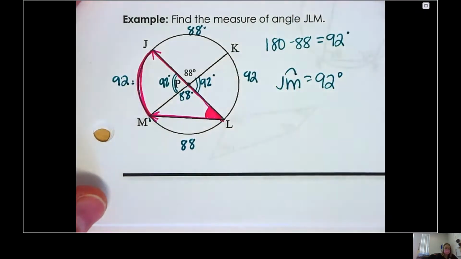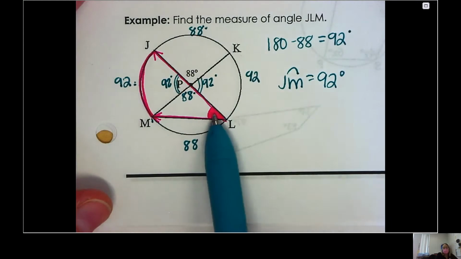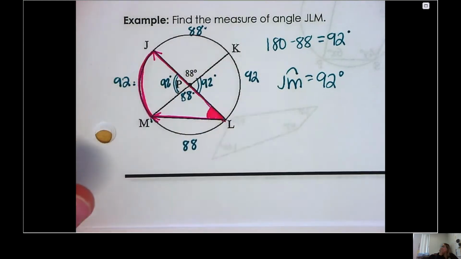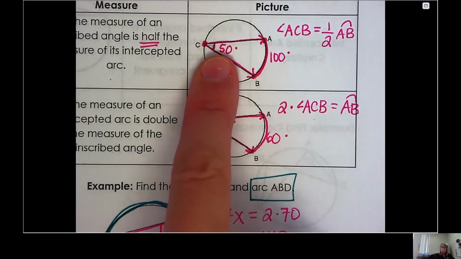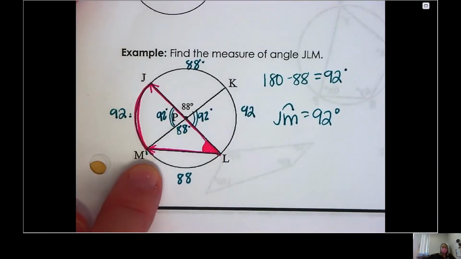I can use that information to figure out this angle L by doing what with the 92? Dividing it by 2. Exactly. That's going to get me my smaller intercepted arc. So remember, you still take the number on the outside, divide it by 2, and that'll give you your angle on the inside. So that's exactly what we're doing here. I know my arc on the outside is 92.